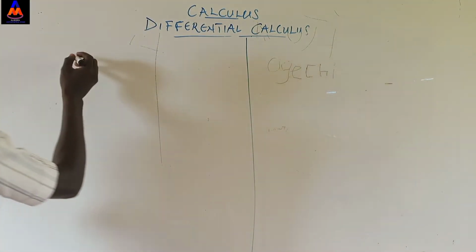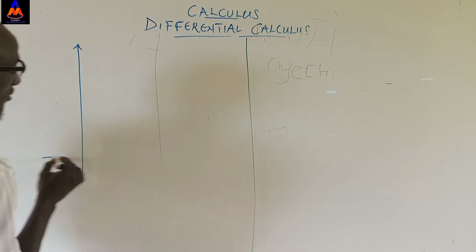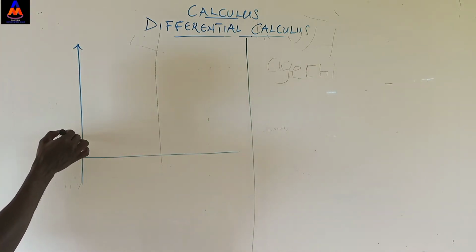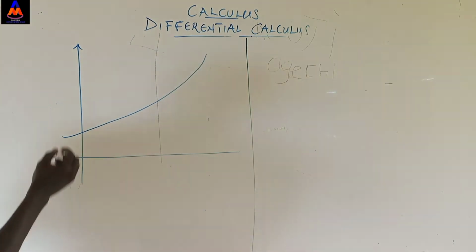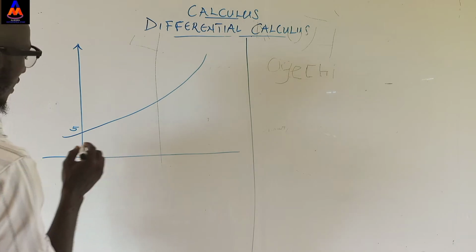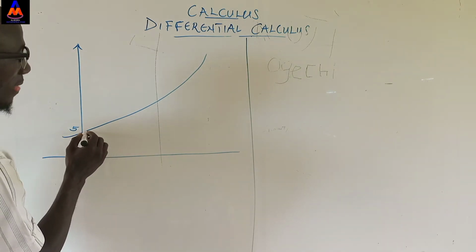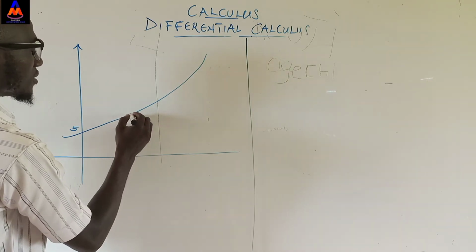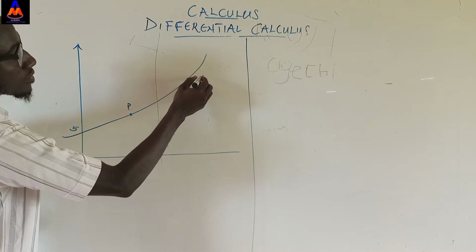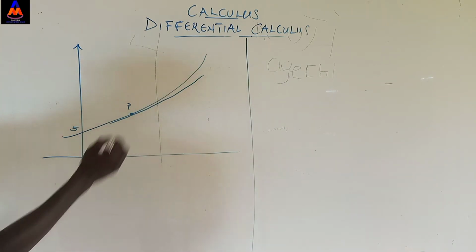Let's assume that we have a graph, a parabolic curve that meets this graph at 5. And let's say that we have point P. And at this point P, you are told to draw a tangent to this graph.